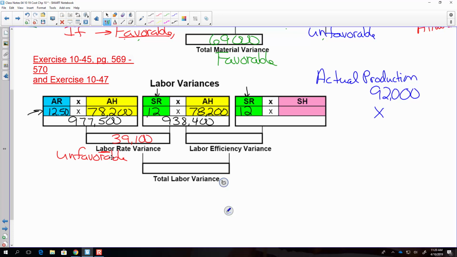Yes, that would be so cool. Times what though? Not the 9. How long does it take to make one belt? 0.75. Does everybody agree? That's how long it takes to make one belt, 3/4 of an hour.